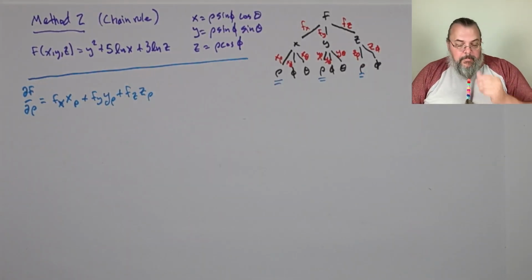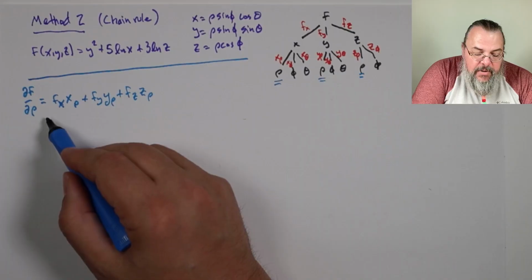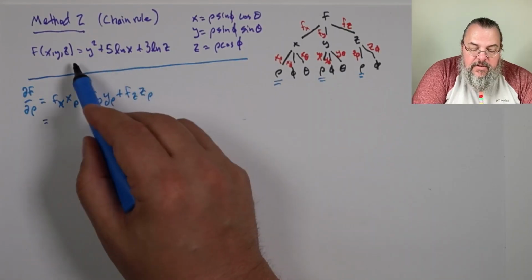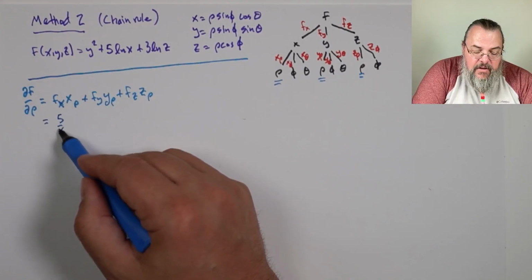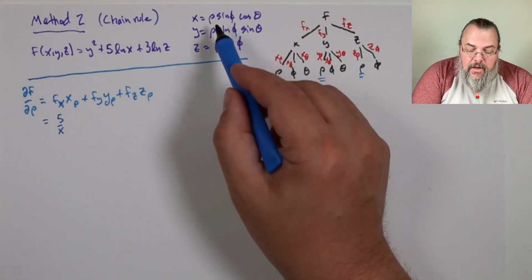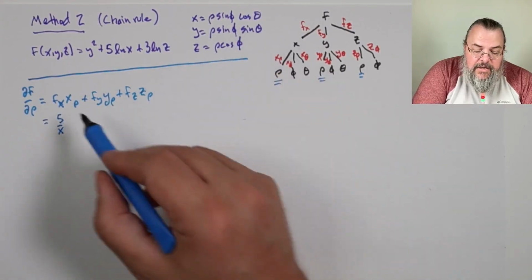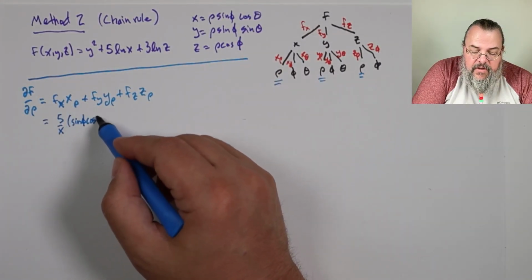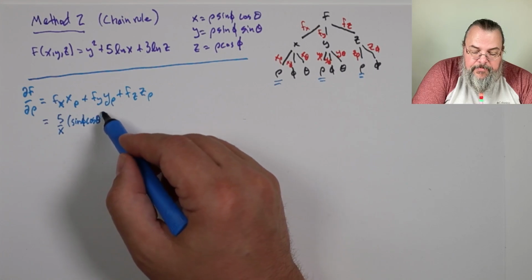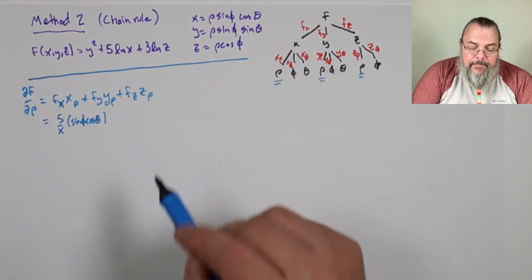Okay? And we say, well, we know these pieces. f sub x, well, take the derivative with respect to x, that's 5 over x. x sub rho, all right, well, take the derivative of x with respect to rho, and that's sine phi cosine theta. Right? Because it says right there, sine phi cosine theta.